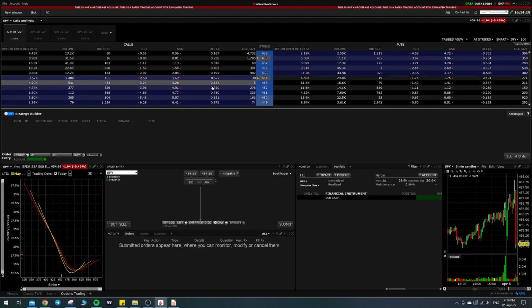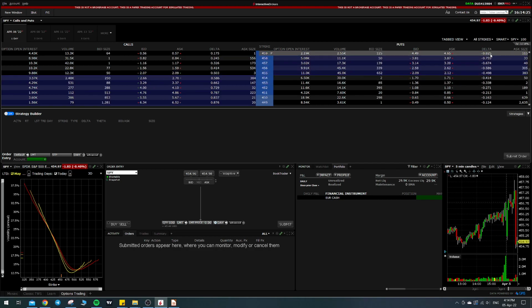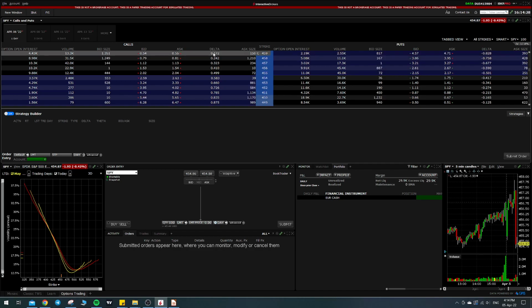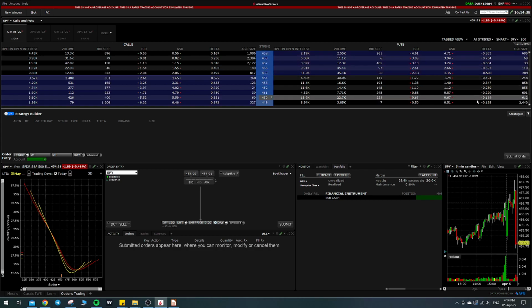Then from the delta, for the puts, we would have an 83% chance, which is always going to be the reverse of the other value, that the price is going to be below 459, or only a 13% chance that the price is going to be below 449. So you can see that they are reverse values of one another.